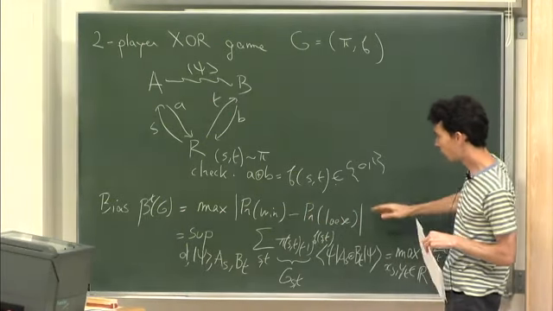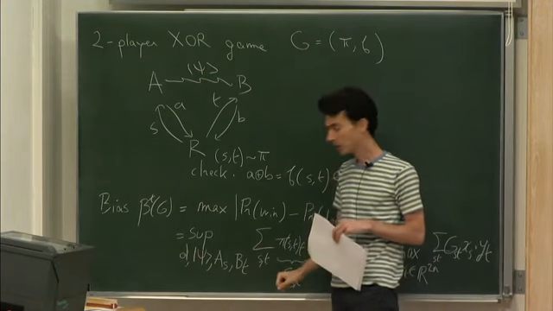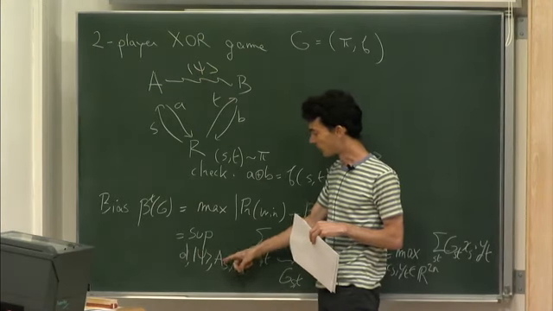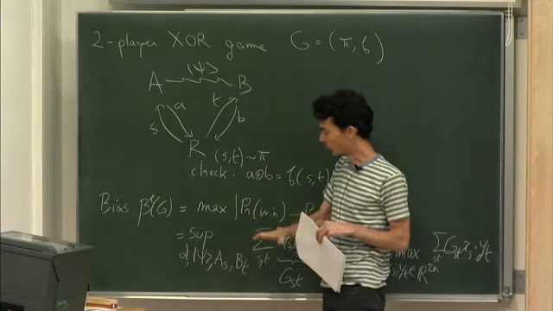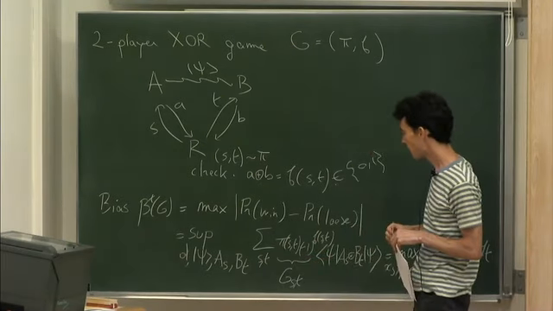So just using quantum mechanics, we rewrote it as the supremum over all possible strategies. So what's a strategy? It's a dimension D, then an entangled state psi in C^D tensor C^D, and then choices of observables, A_S and B_T. So these are Hermitian matrices which square to identity. Right? It's Alice's measurement: A_S is the projector on 0 minus the projector on 1. And this is the projector on 0 minus the projector on 1 on question T for Bob.